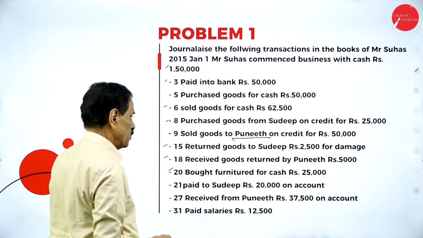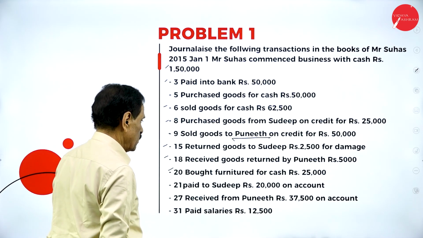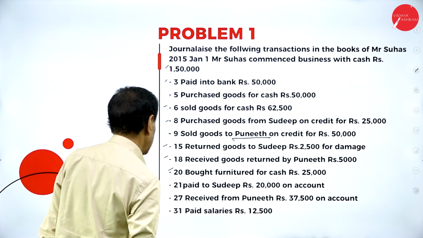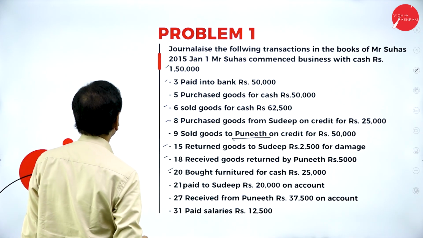We paid to whom? Sudeep. So who is the receiver? Sudeep. How much cash is going out? 20,000. On which date? 21st.